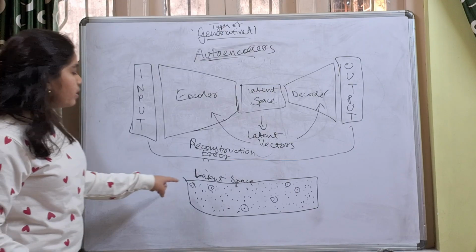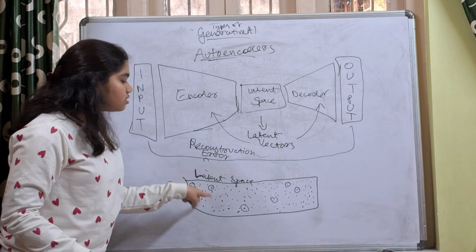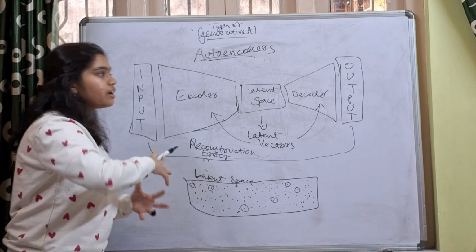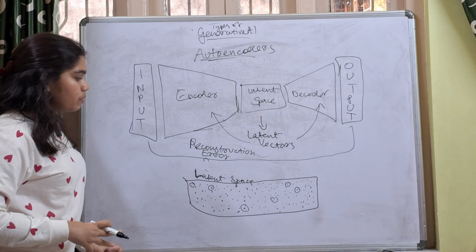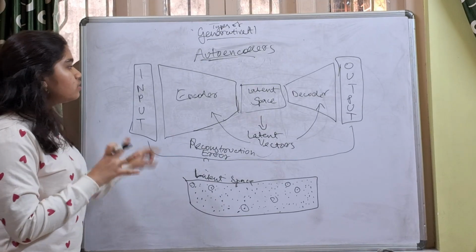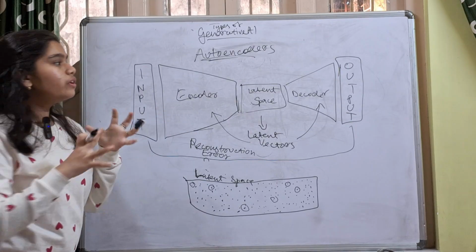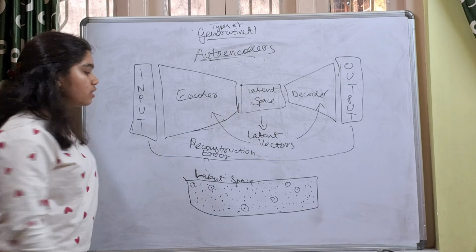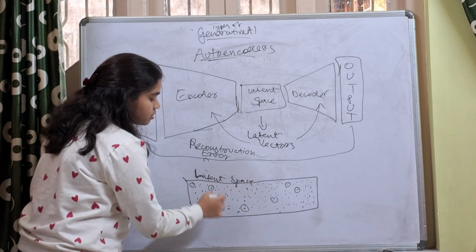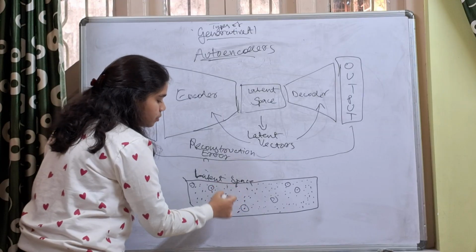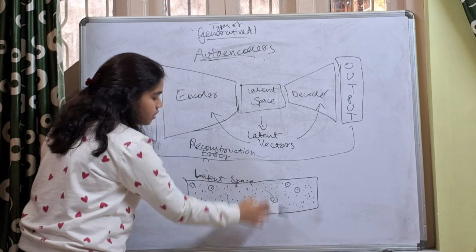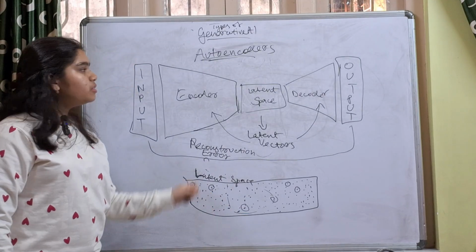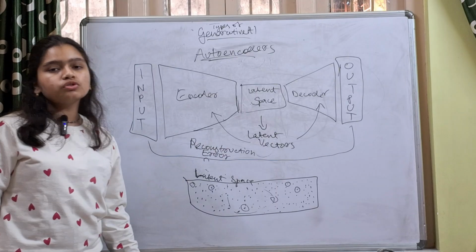Now the decoder takes only these circled points to reconstruct the image. The circled points mean the vectors from the encoder. The decoder only takes the vectors from the encoder to reconstruct the image, because otherwise, if it takes any other point, suppose it takes this middle bunch, then most of the points are not circled, that means they are not from the encoder, that means information is not stored in these points.